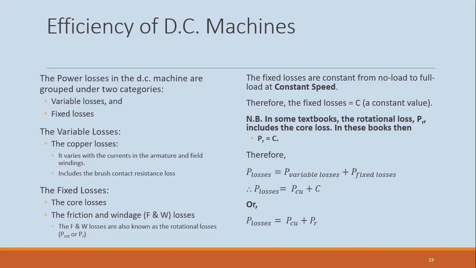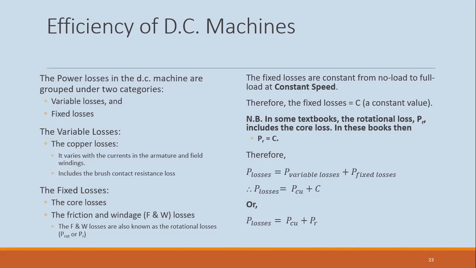So the copper losses are the variable losses, and those depend on the current, so the square of the current and the resistance of the windings. The fixed losses would include now the core loss and the friction and windage losses.